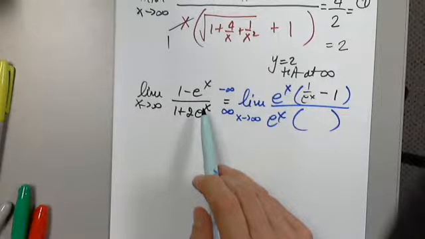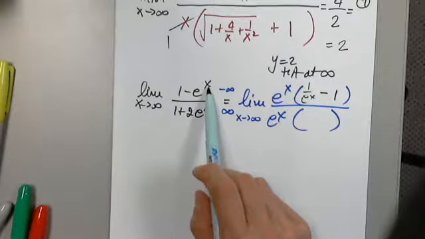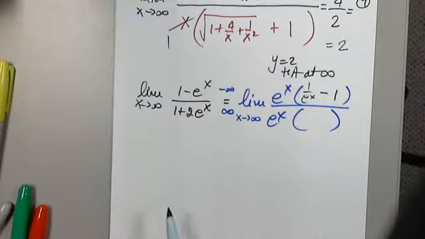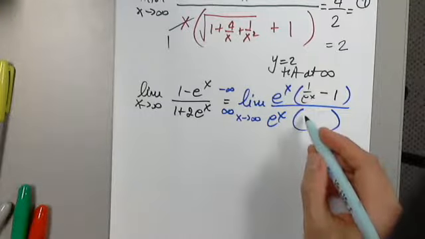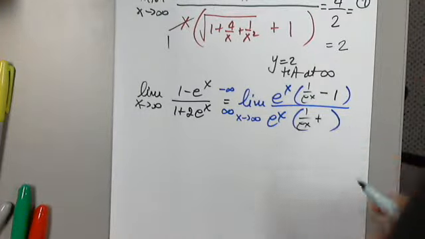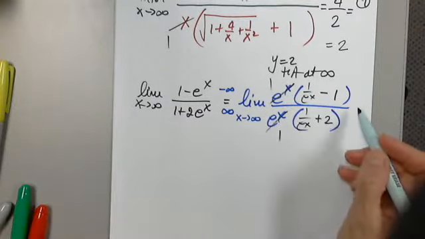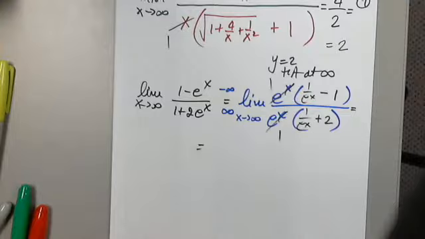E to the 0. Yeah, good. What about the denominator? 1 over e to the x. Good. I clear these two, and now I drop or apply the limit operator.